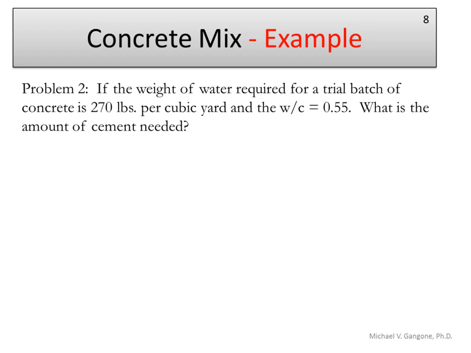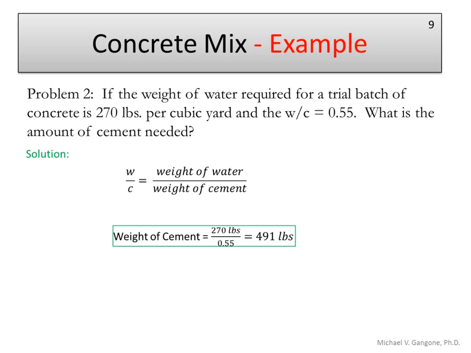So in this particular problem, they're relying on you understanding what w/c is. They don't tell you the water-cement ratio. They say w/c is 0.55. So you have to know what w/c is. Again, as I mentioned previously, w/c is the weight of water to the weight of cement. So if I'm looking for the weight of cement, I'll just solve for it out of this particular equation. I have 270 pounds of water.